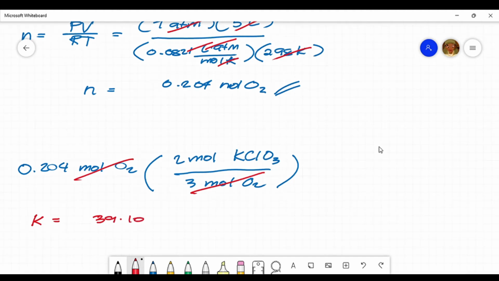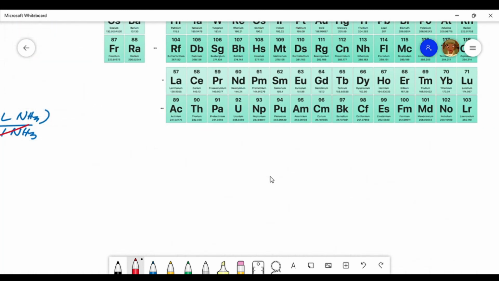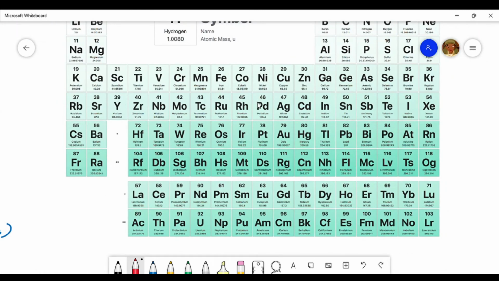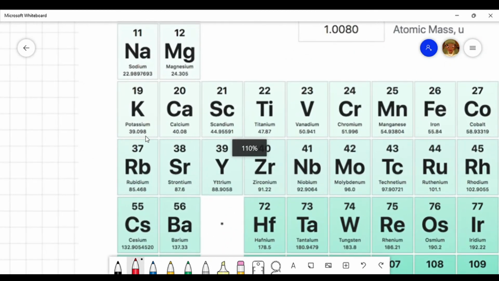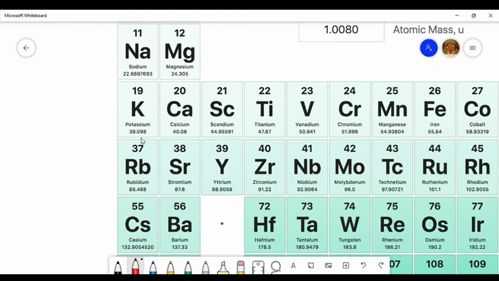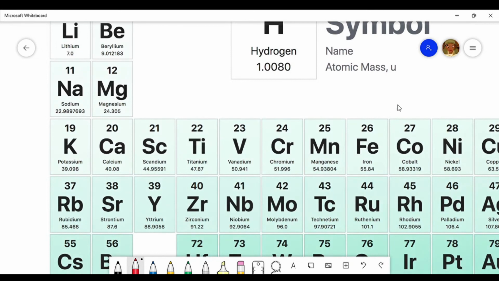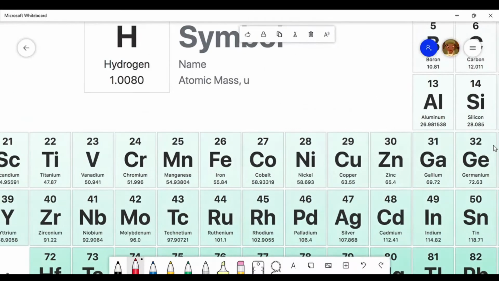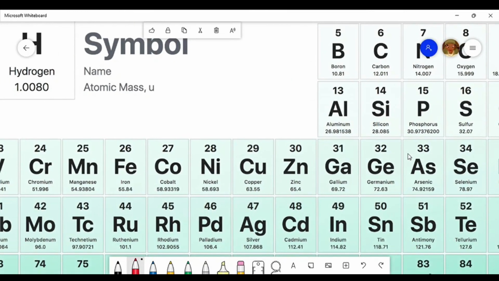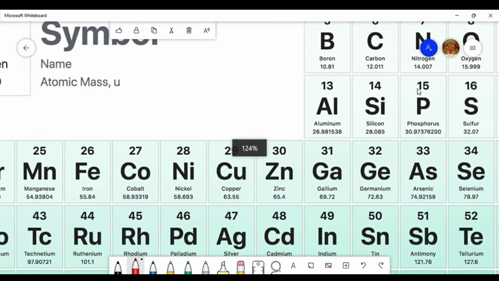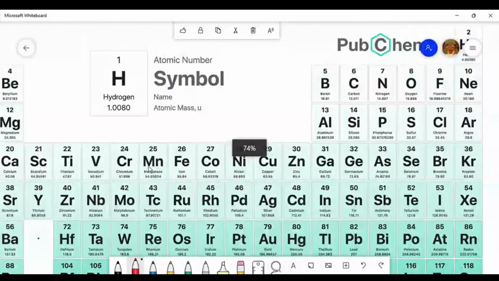If you look at your periodic table again, Cl is 35.45, and O is 15.99, or let's just say it's 16.